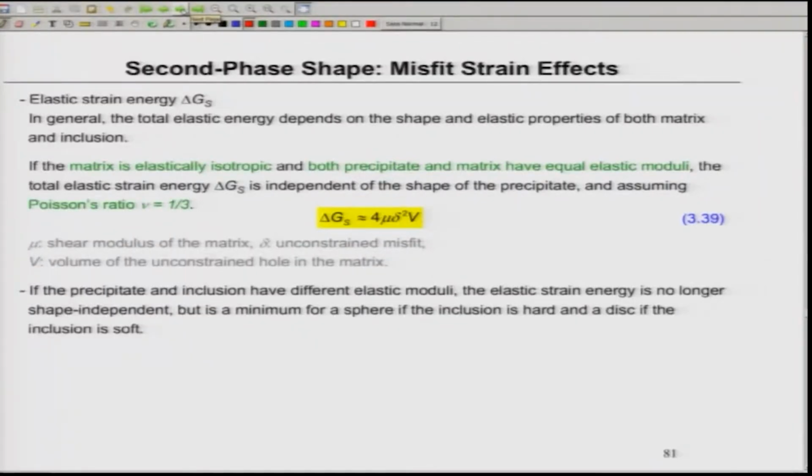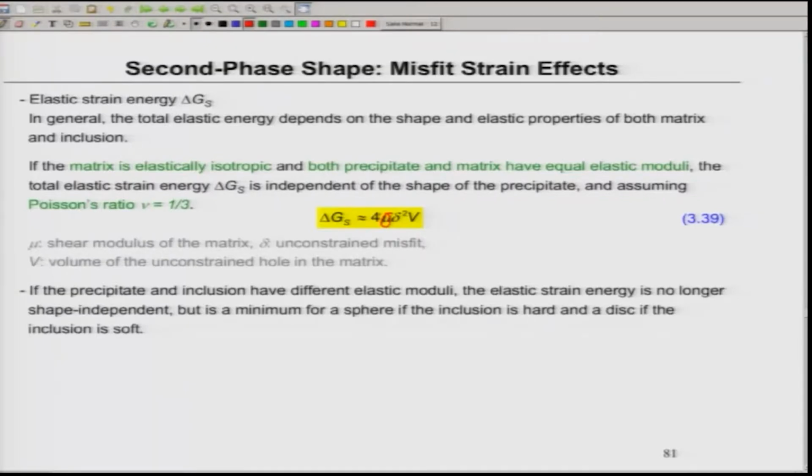Well, one can actually calculate what is the delta G value in case of these misfits, and it is very clear the matrix is elastically isotropic. These are all very big assumptions, and therefore, precipitates and the matrix have equal elastic modulus. Then we can assume Poisson ratio to be 1 by 3, then delta G becomes 4 mu delta square V, where mu is nothing but the shear modulus of the matrix, delta I have already defined as misfit, and V is the volume of the unconstrained hole in the matrix.